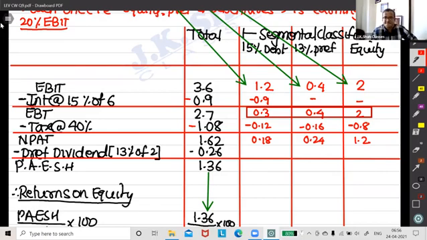Clear, friends? Okay. Now, time to pay preference dividend. As earlier, what we said, sir, interest expenditure should be adjusted against the earnings of debentures. Like that, if it comes to allocation, I'd prefer to adjust the preference dividend against the earnings from preference. Everybody agrees on this, right? Okay. So let us allocate this 0.26 not over here, but over here.